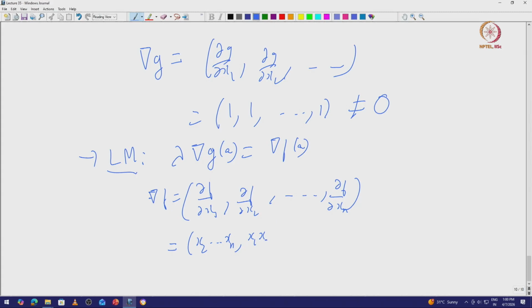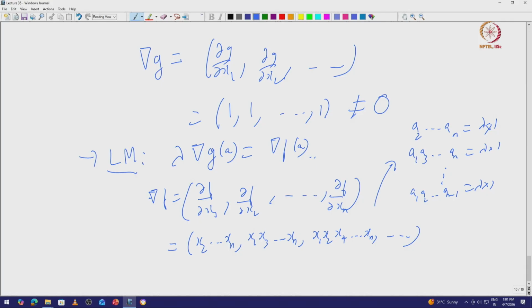It's x1, x3, so on until xn. df dx3 is x1, x2, x4 till xn, and so on, right? So what this says is a2 so on until an is lambda times 1. a1, a3 so on until an is lambda times 1, and so on. Okay, a1, a2 so on until an minus 1 is lambda times 1.